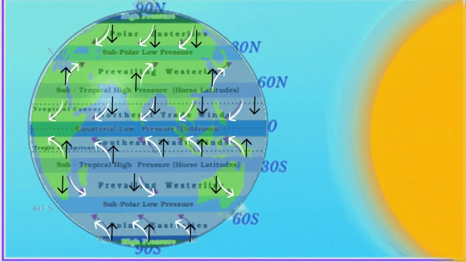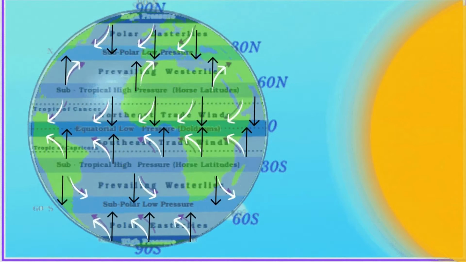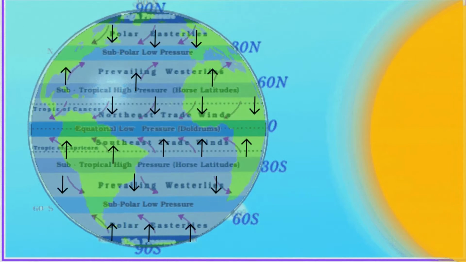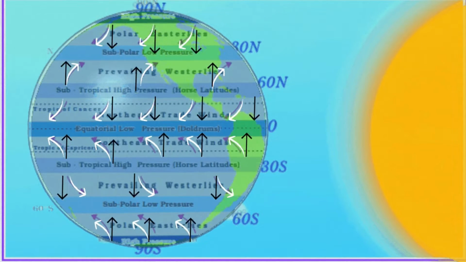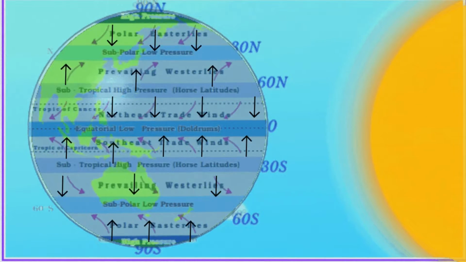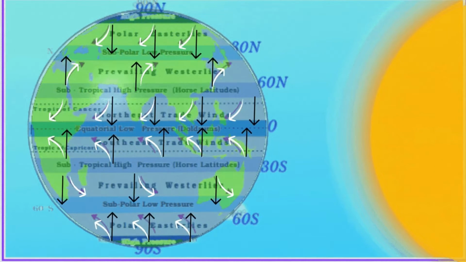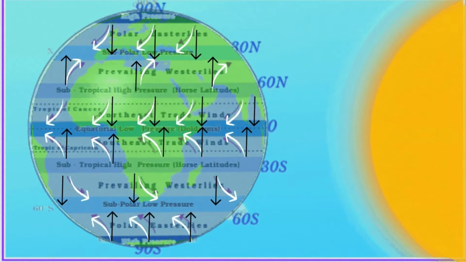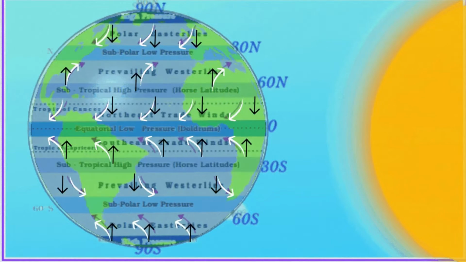Winds which blow from the poles to the subpolar low are called polar easterlies. Notice that they are blowing from either the northeast or from the southeast, and winds are generally named based on the direction from which they are blowing.